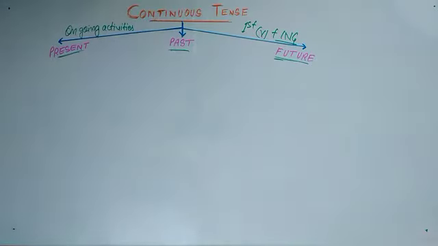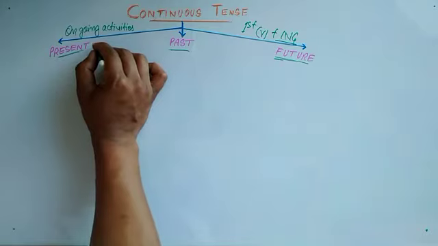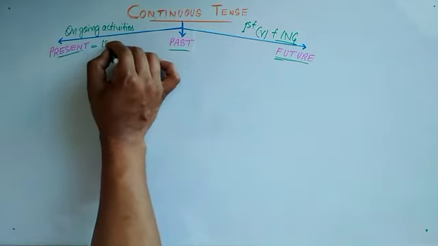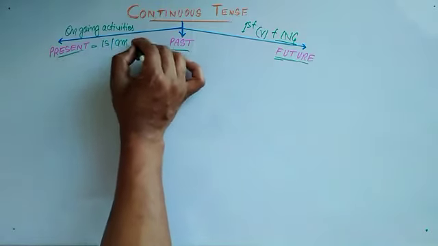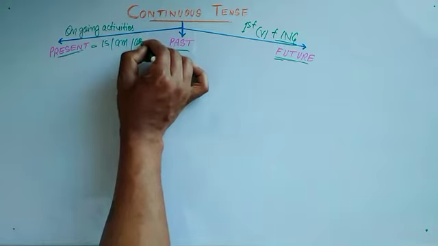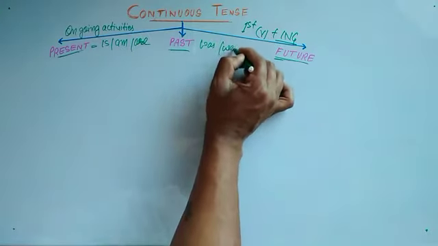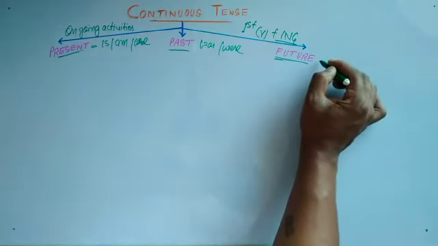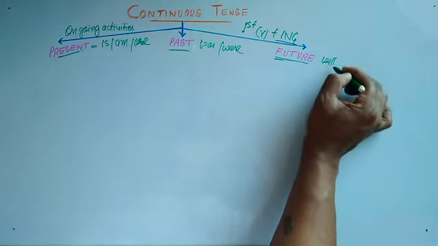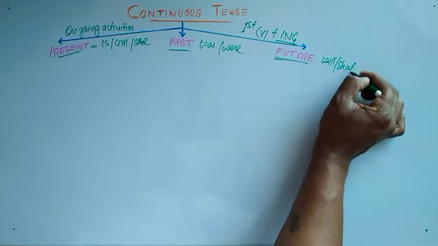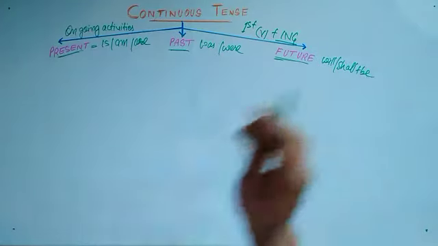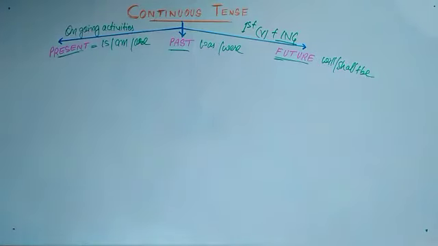And one more thing we need to keep in mind: in present continuous we use helping verbs is, am, are, in the past we use was, were, and in future we use will, shall with be. Okay, now let's continue the chart.